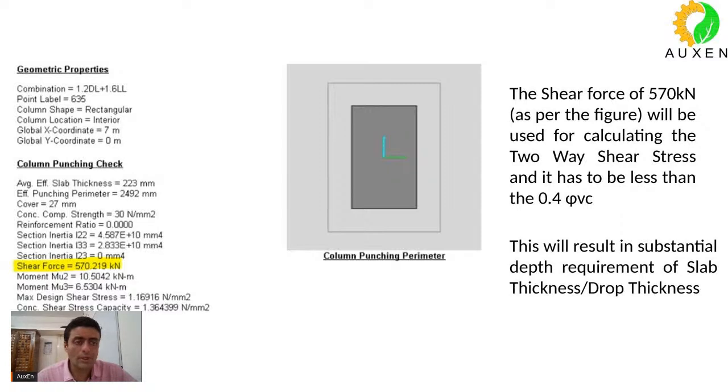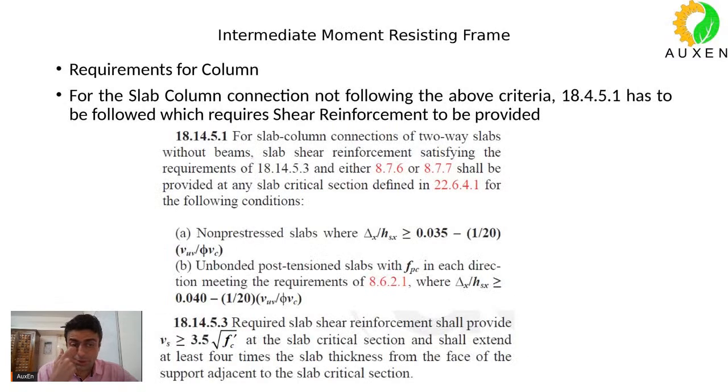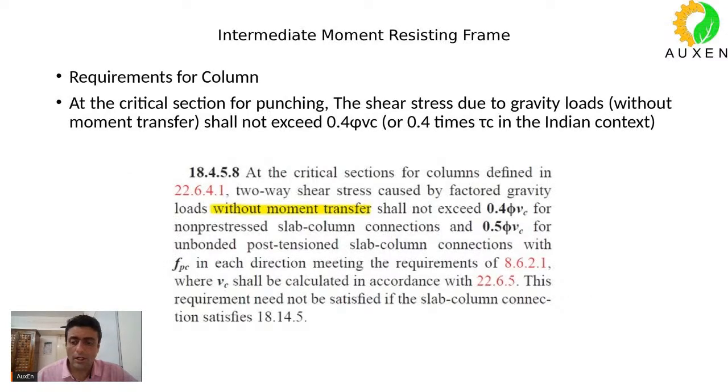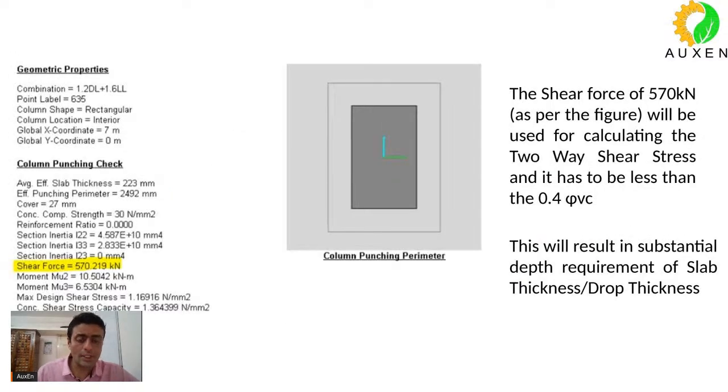So this is how the code is trying to negate the chances of punching. If you are unwilling to do so, then you have to provide shear reinforcements. The next clause tells you that if you don't want to fulfill this criterion of limiting the punching stresses to 0.4 times the tau c value, then you provide shear reinforcements.